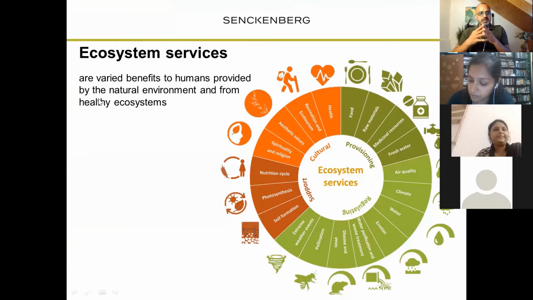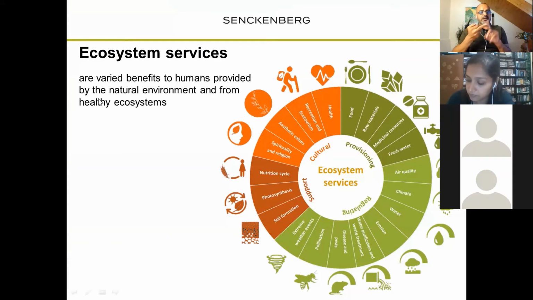They can be regulating services, of which one of the most important is climate regulation, and the second is water cycle regulation, and so on. It also supports the nutrient cycle, photosynthesis, and soil formation. And then cultural services, which range from health to all the spiritual or religious benefits that we get from ecosystem services.